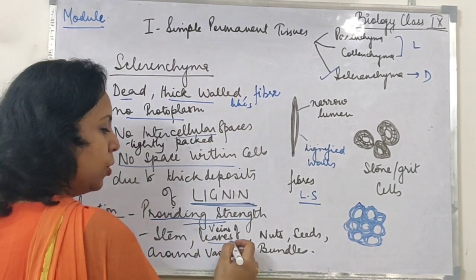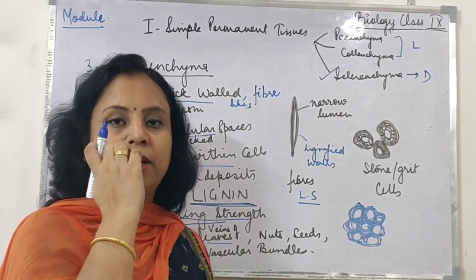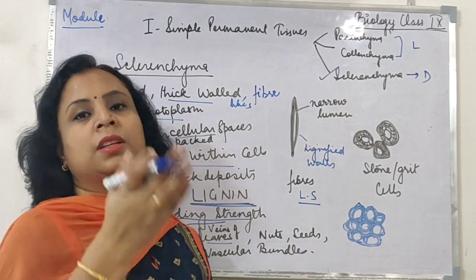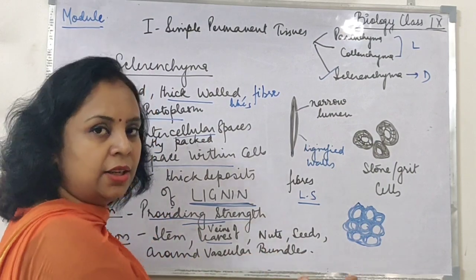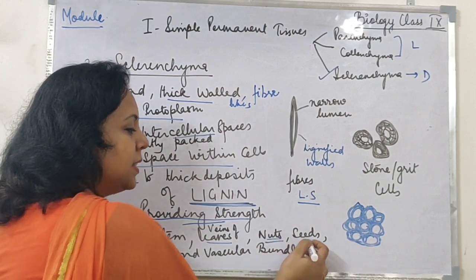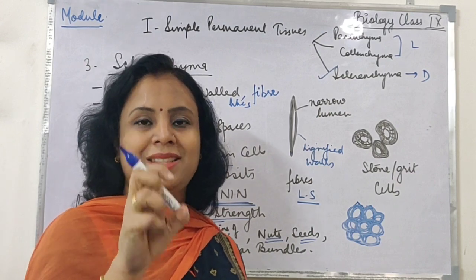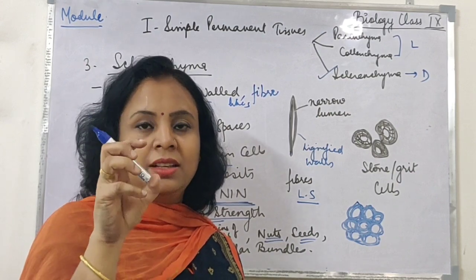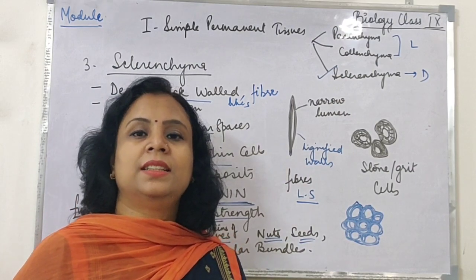And they are also present in the veins of leaves because they give a little firmness, and within the veins they allow the movement of water also. You study this in your conducting tissue, or the vascular tissue. Nuts and seeds: you've seen the cashew nut, pistachio nut, the covering is so very hard.